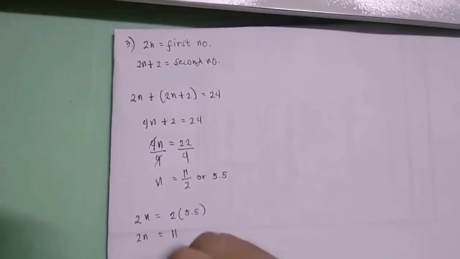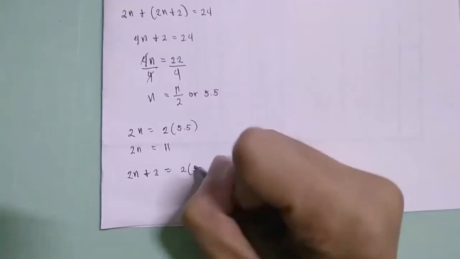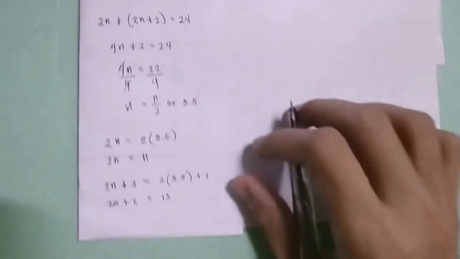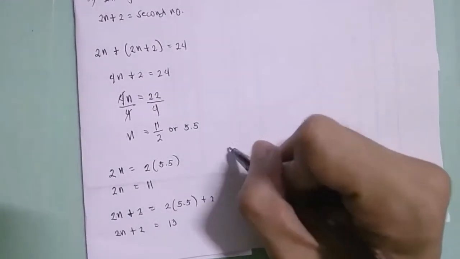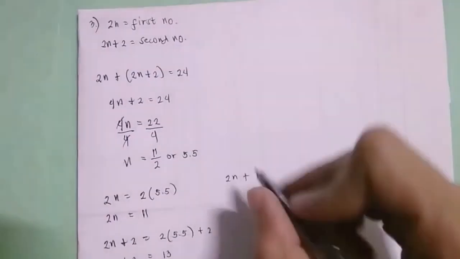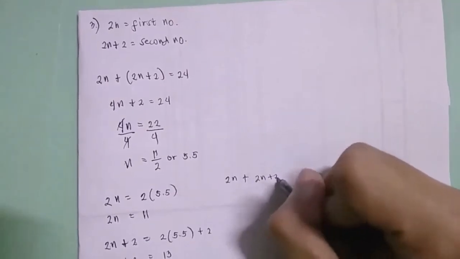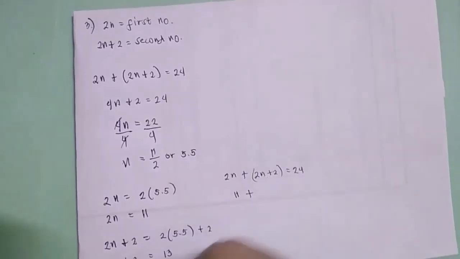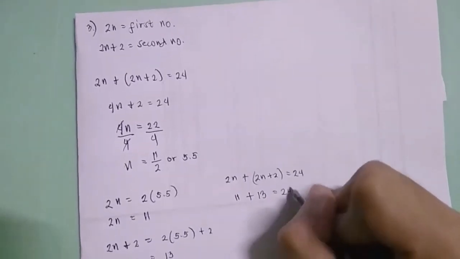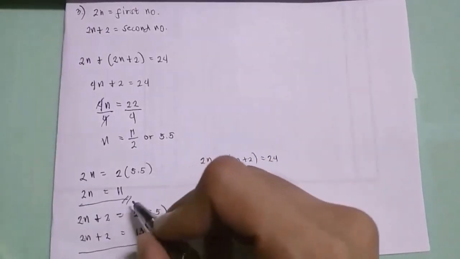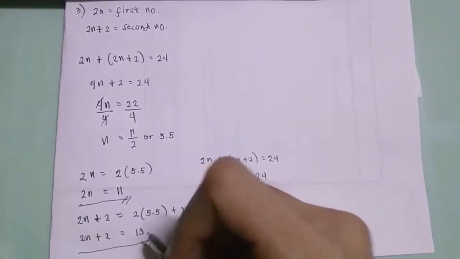And then for the second number, 2n plus 2. 2 times 5.5 plus 2, our second number. And to check this out, 2n plus 2n plus 2 is 24, and the value for 2n is equal to 11, plus 2n plus 2 is equal to 13, is 24. So 24 is equal to 24. So the answer, guys, the two numbers are 11 and 13.